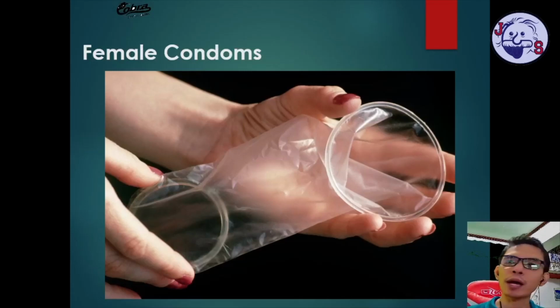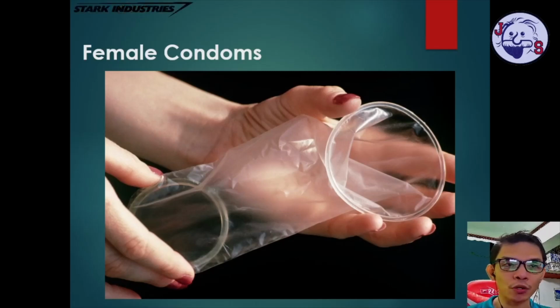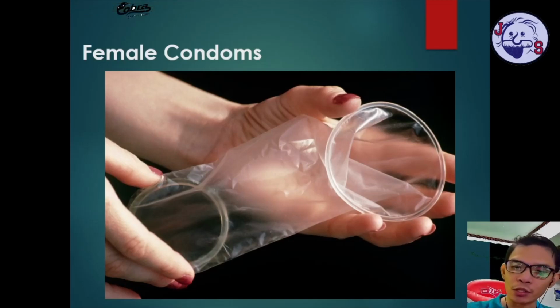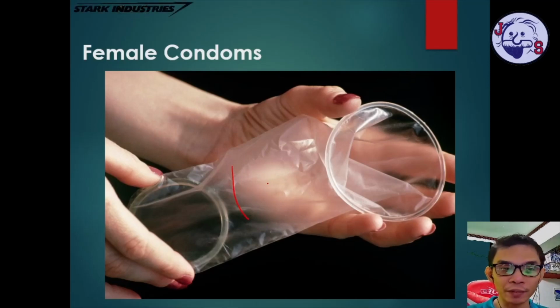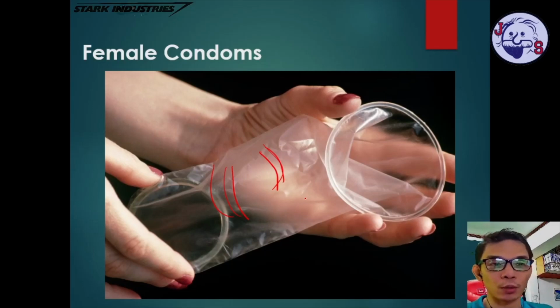Next one is the female condom. The female condom is latex in nature and it is inserted in the vagina before sexual intercourse. The lining of the vagina will be protected by this latex, or sometimes polyurethane, in order not to exchange fluids during sexual intercourse.